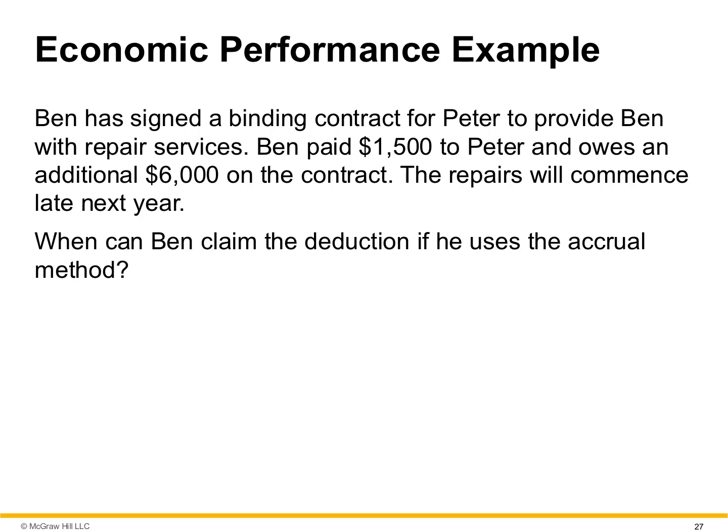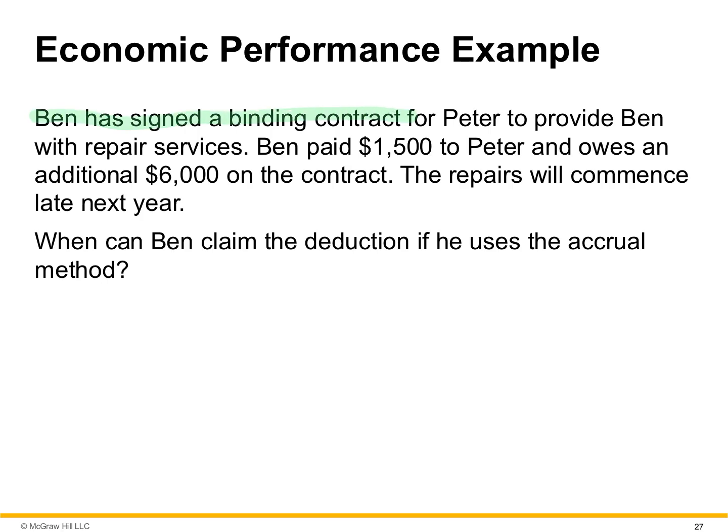So in order to claim the deduction for an accrued expense, we need to satisfy the all events test and the economic performance test. So if we consider the all events test first, the all events test is satisfied because Ben signed the contract.